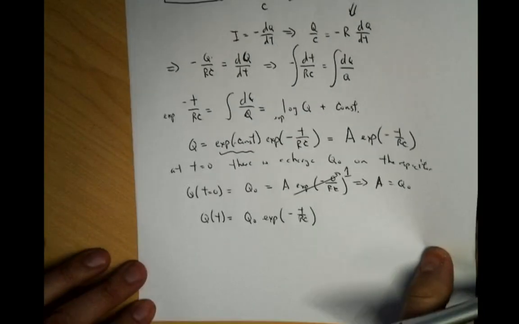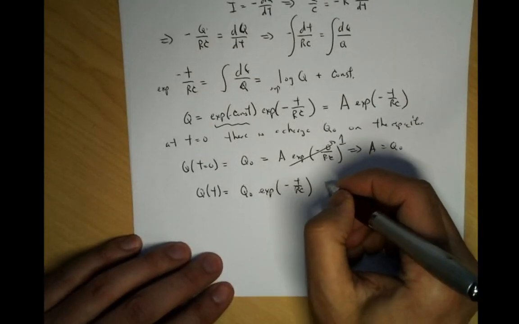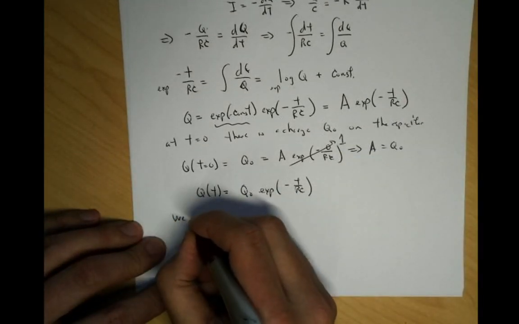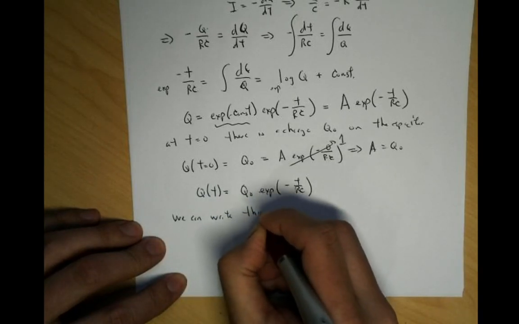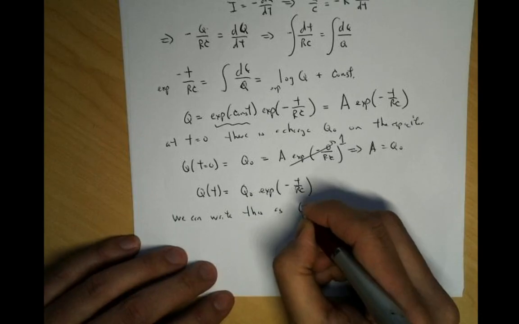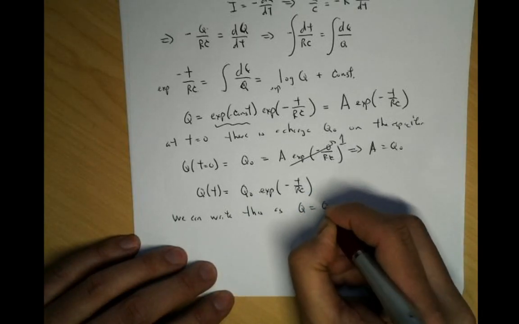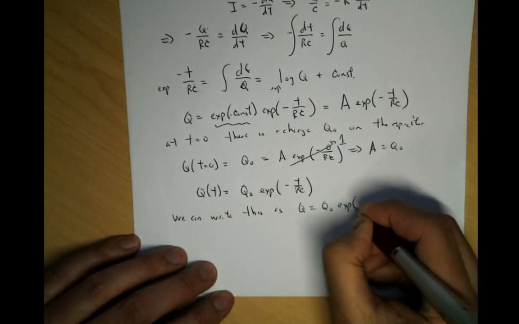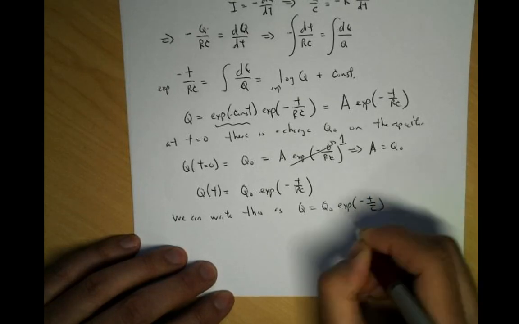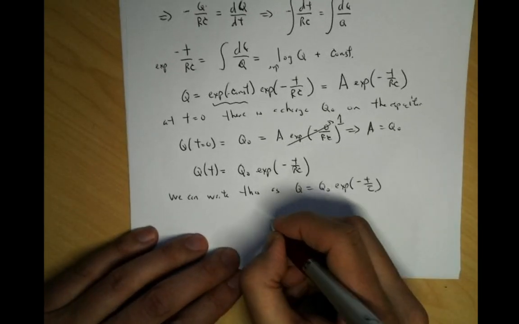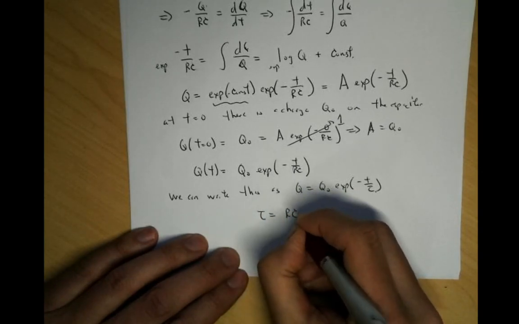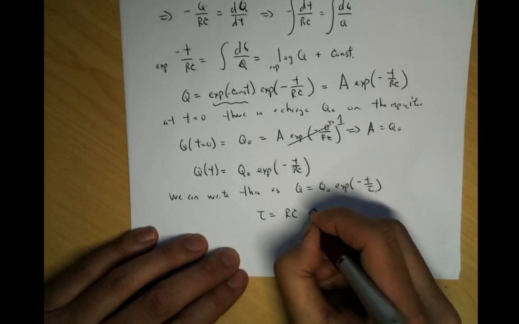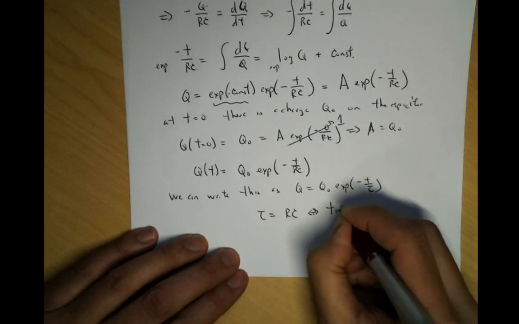Okay. Now, we can write this as Q is equal to Q0 exponent minus t over tau, where tau is equal to RC, is called the time constant.